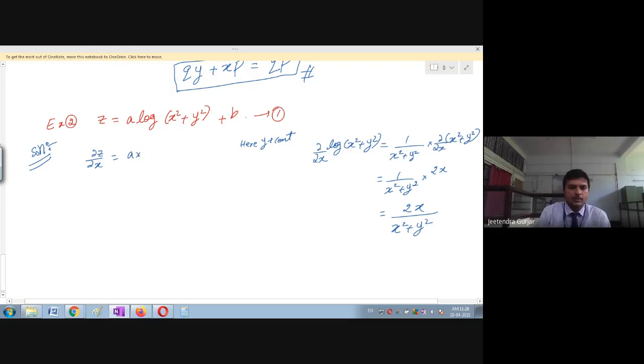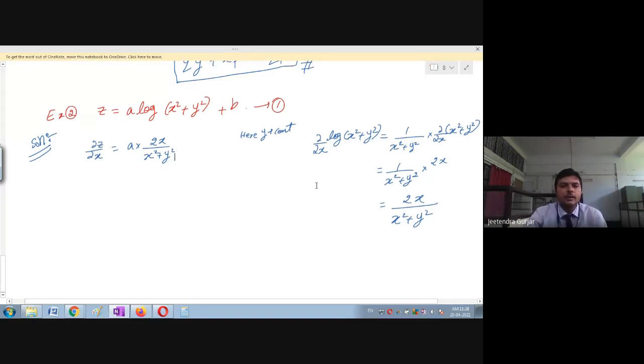Okay, now I will just multiply this. The differentiation of log of x square plus y square is what, students? It is 2x upon x square plus y square. What about b? The differentiation of a constant is 0. So it will go. Okay, now remember the formula.